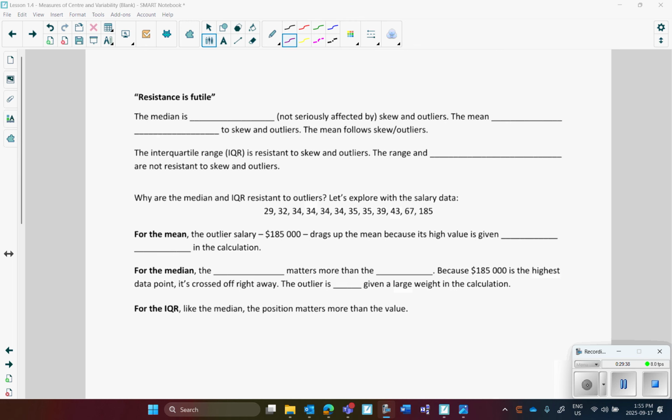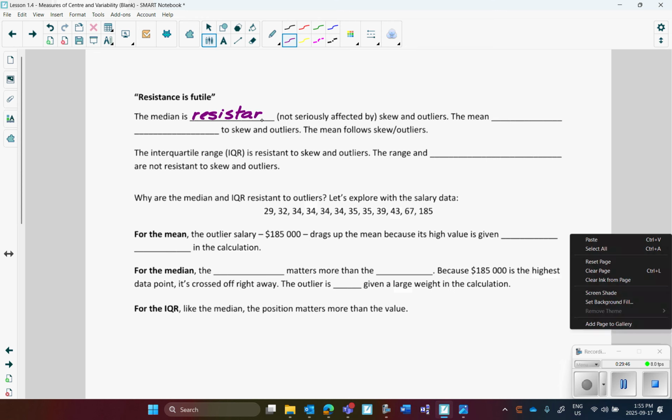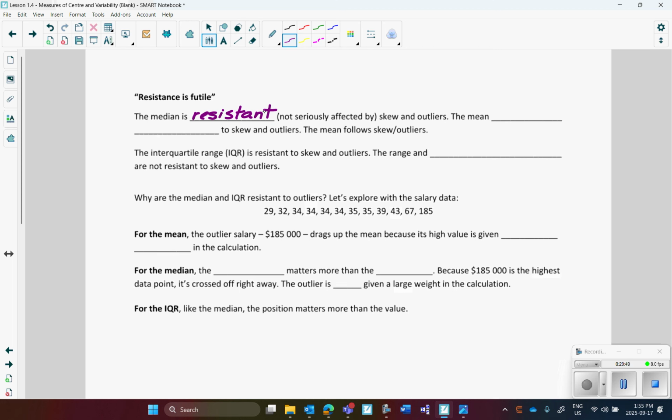Resistance. The median, and we talked a bit about this the first day, is resistant to skew and outliers, whereas the mean is not resistant.